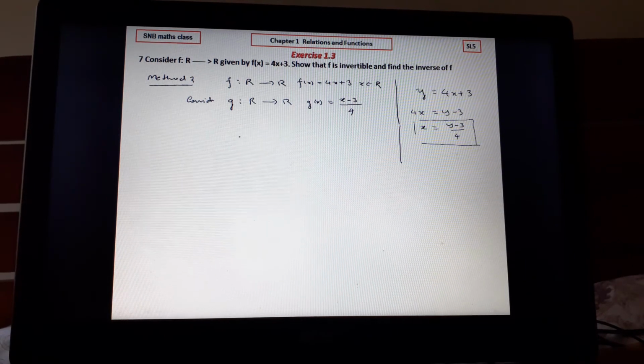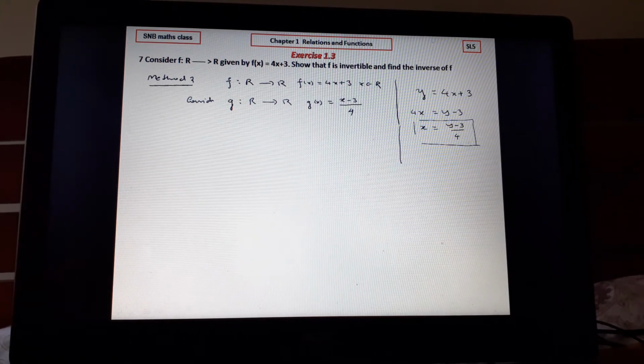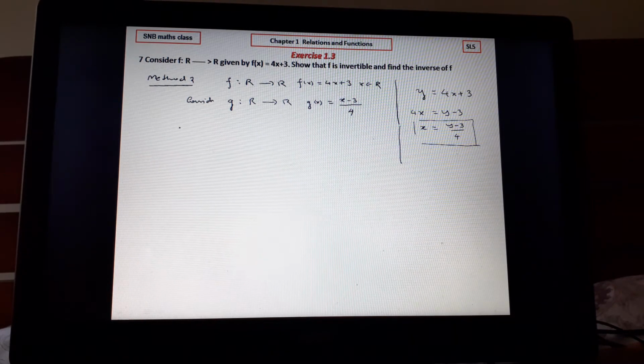So now what I have to show is that this is the inverse. What is the method? If g is the inverse of f, by definition f of g of x also must be the identity function and g of f of x also must be the identity function. So consider g of f of x. So g of f of x, by definition, is g of, what is f of x? f of x is 4x plus 3.